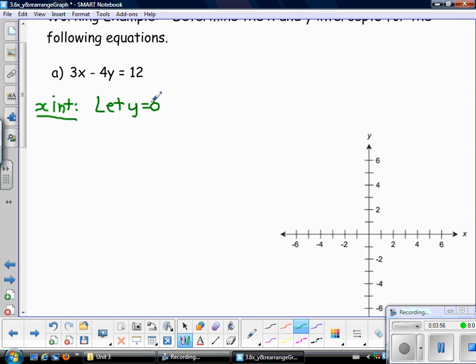So by letting y equal 0, we're going to substitute that in. So we're going to substitute, and I'm just going to put a little arrow. We're going to sub in y equals 0 into the equation.